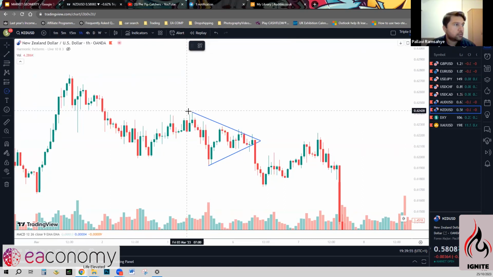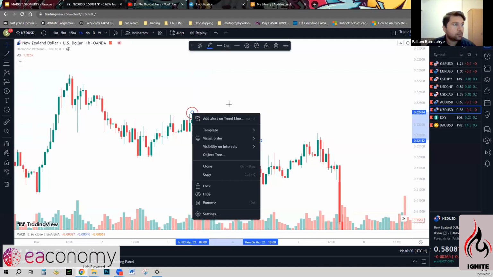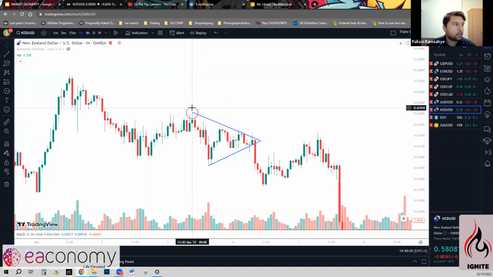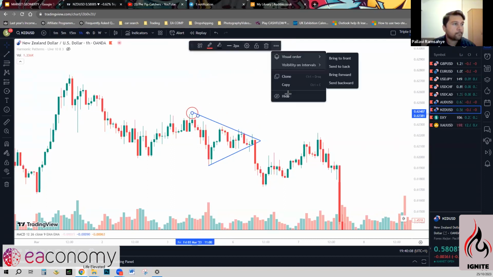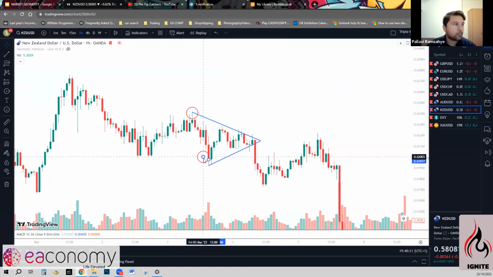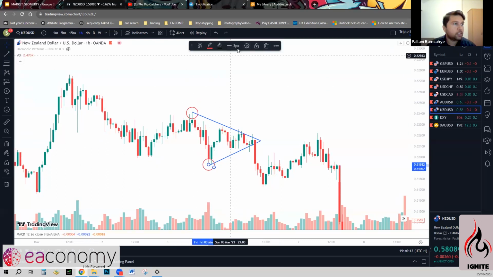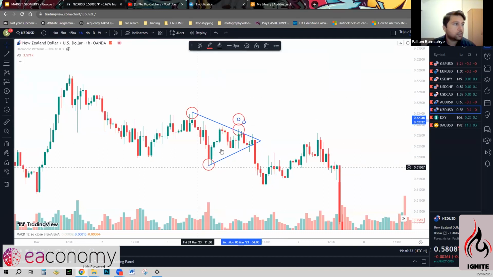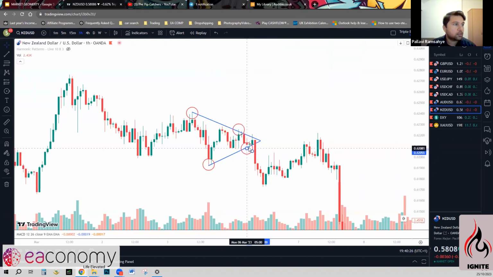Let's draw out... Oops, wrong one. Perfect. So we've got the touch points. You could count that as one, but it's not touching. So you've got this point here as well. And then you have the breakout.